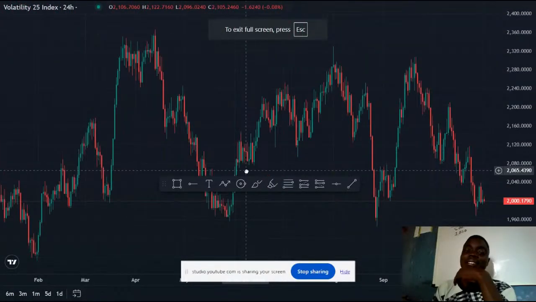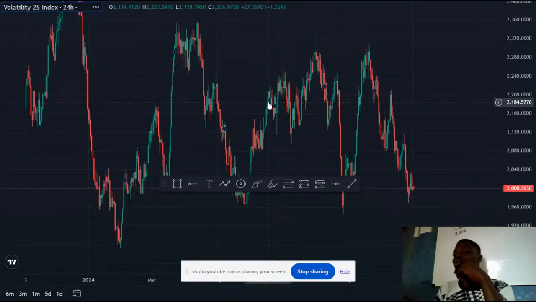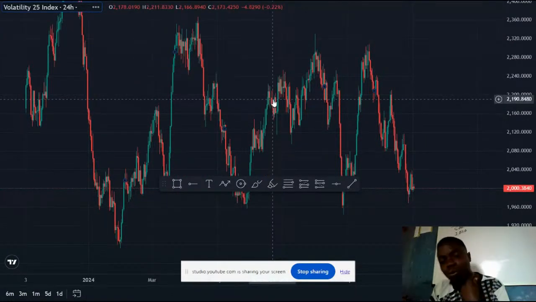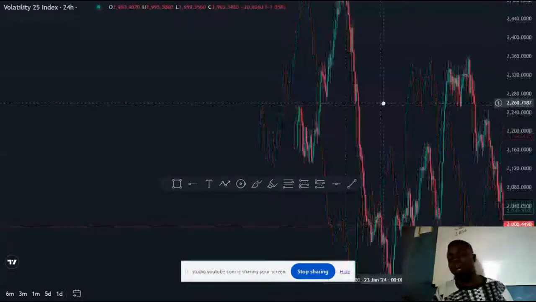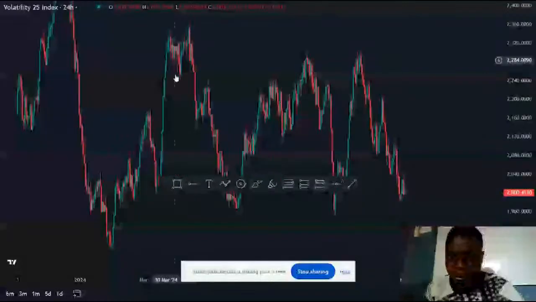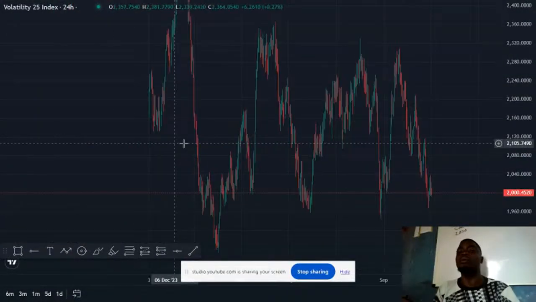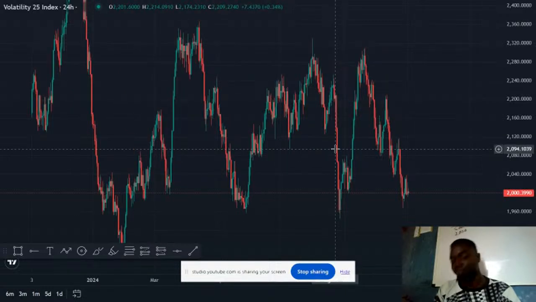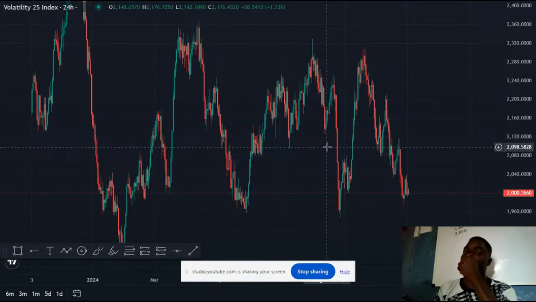Looking at this structure, remember, you don't want to start analyzing the market from far away this time. You want to look for the current structure, which is this, all right. Now, what is the first thing you want to do? You want to see whether a high or a low has been taken out.